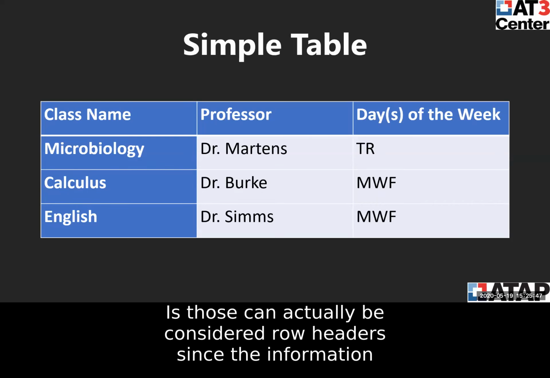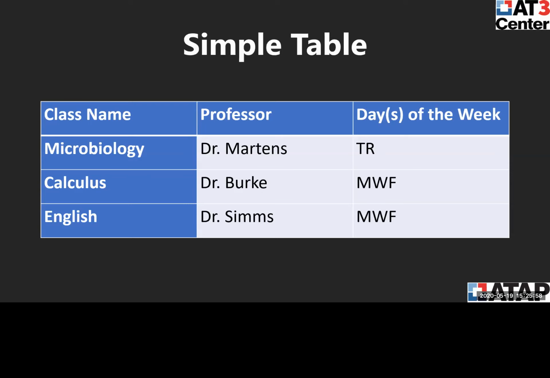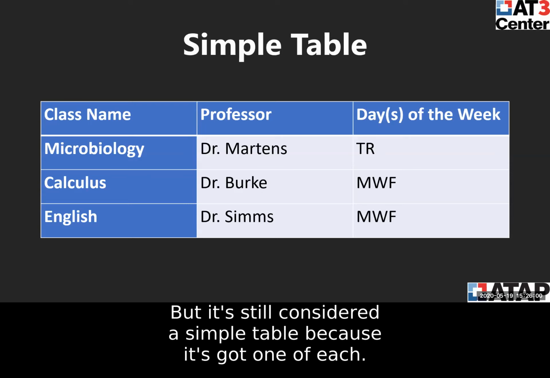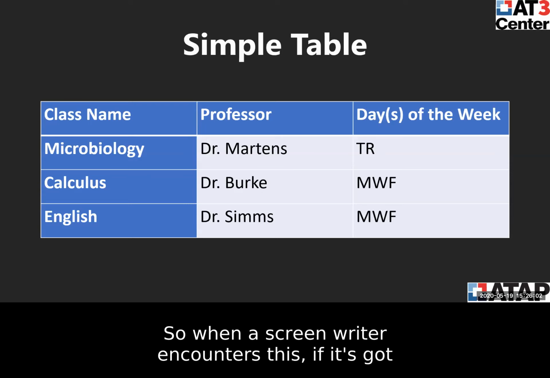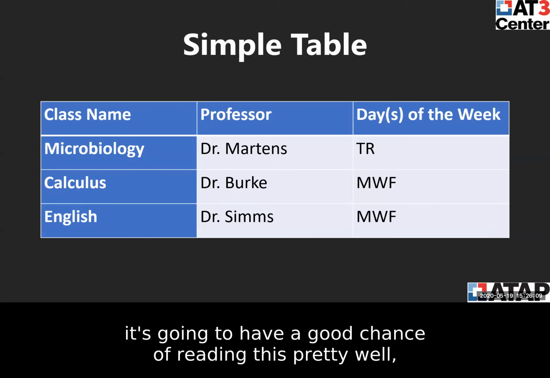So those can be considered row headers, since the information in those headers applies across the rest of the row. But it's still considered a simple table because it's got one of each. So when a screen reader encounters this, if it's got the table headers assigned for both the column and the row, it's going to have a good chance of reading this pretty well.